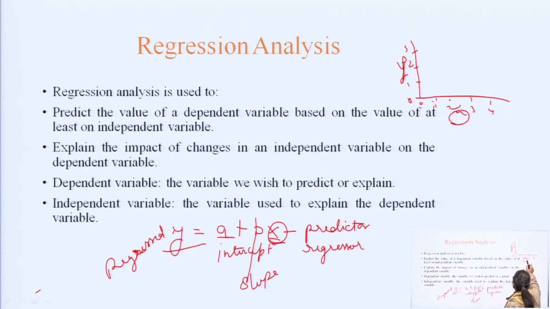This is the known value x and this is also known as the regressor. This is the unknown value and this is known as the regressed. So, what is the intercept? The intercept is where the line touches y. The point where the line touches y is known as the intercept value, and this is a and this is our slope b. So, this is regression, simply. I already mentioned it in the second unit.